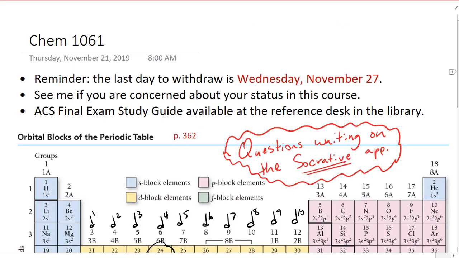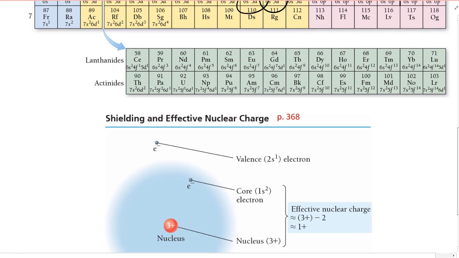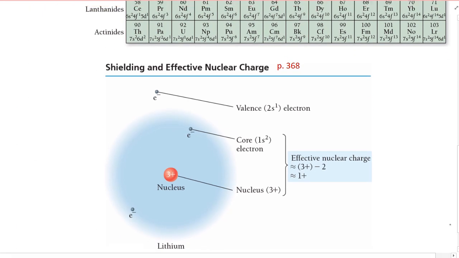Now the way that we explain that is through something called the shielding effect and the effective nuclear charge. And this is described, and we have a figure on page 368 in your text. But again, it's something that's referred to as the shielding effect and the effective nuclear charge.